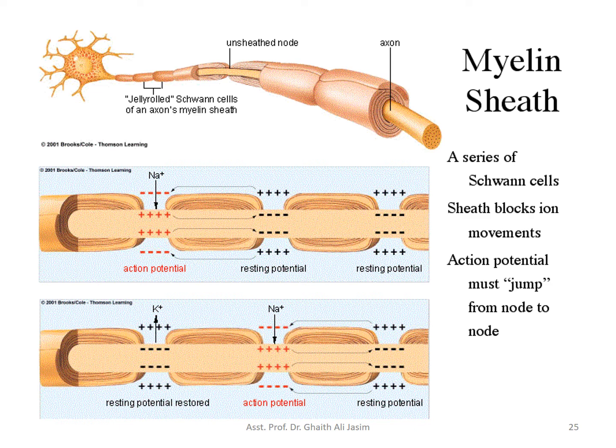So a series of Schwann cell sheets block ion movement. So the action potential must jump from node to node.